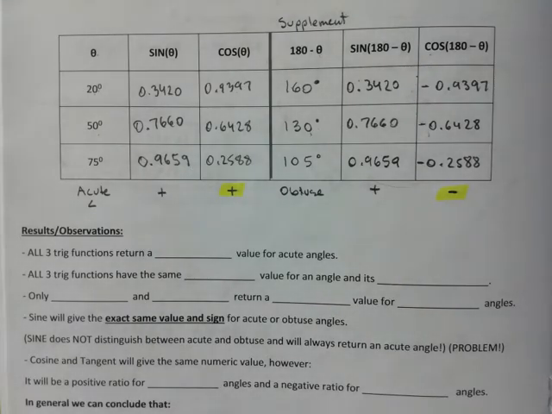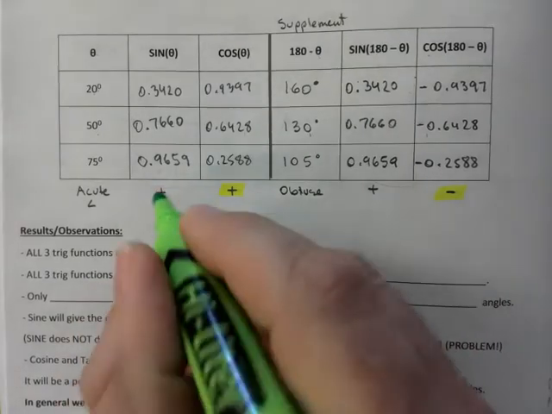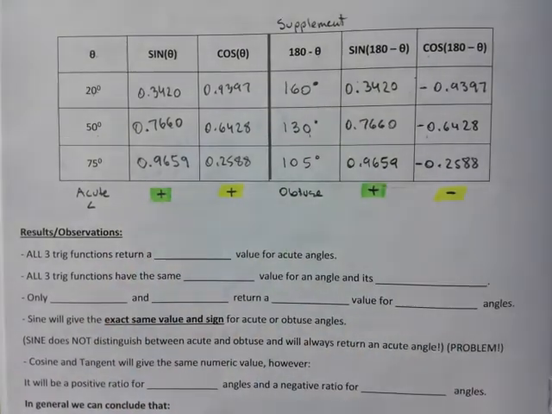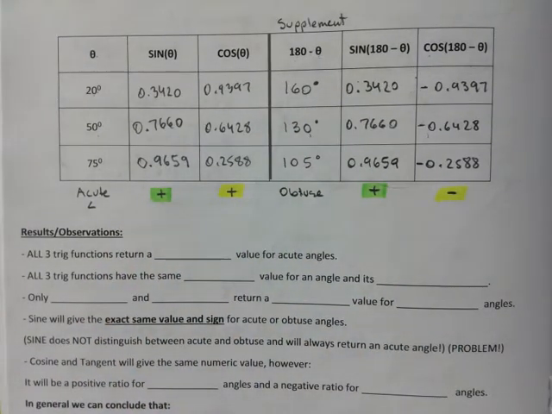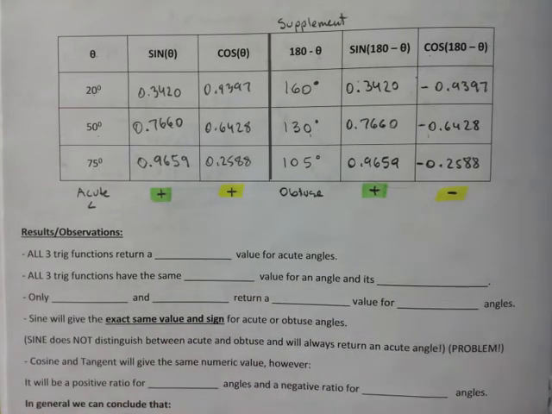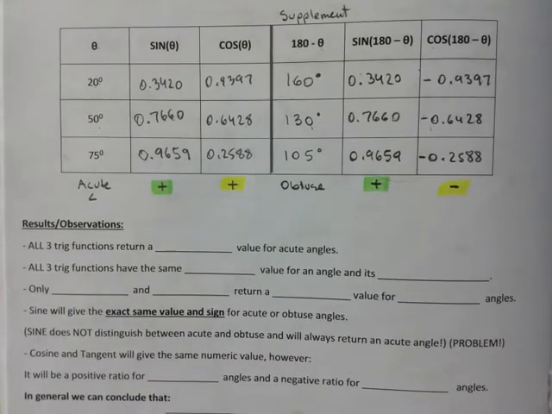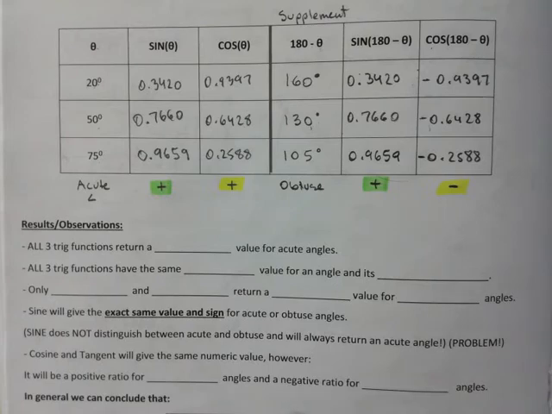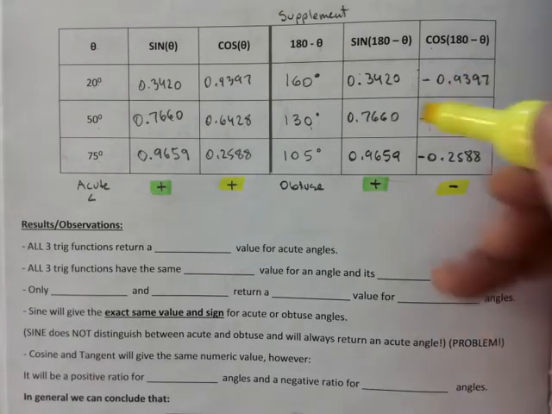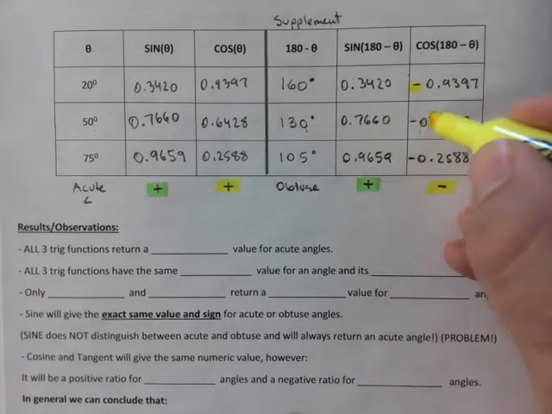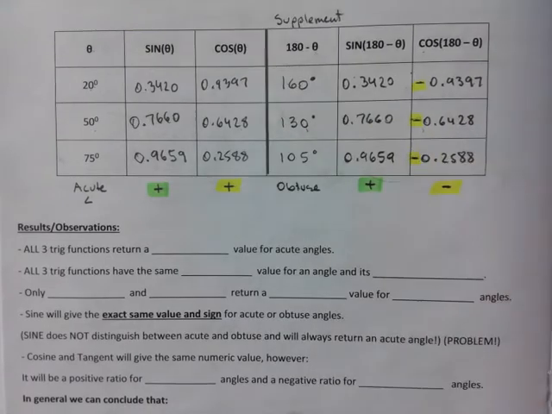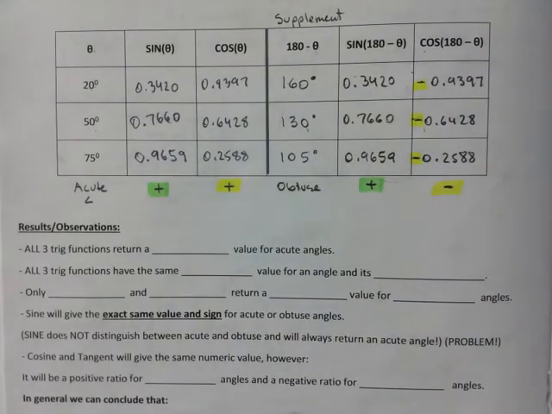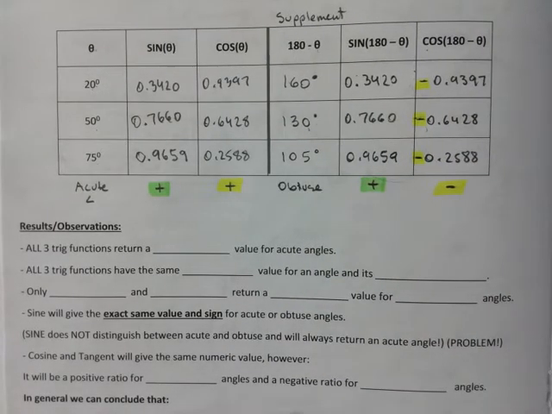Sine doesn't. And here's where I'm going to do this here as well. Right? I'm highlighting all the negatives.